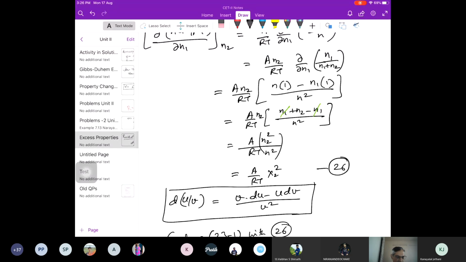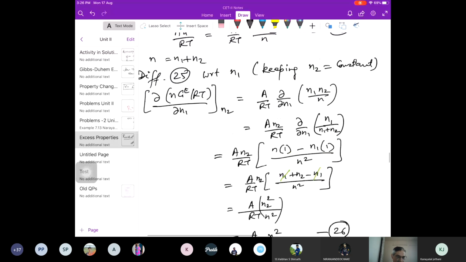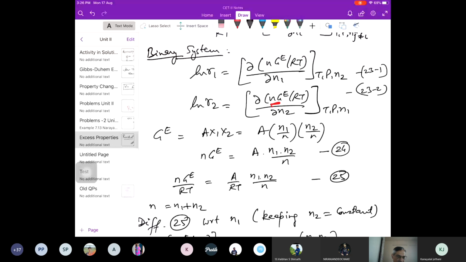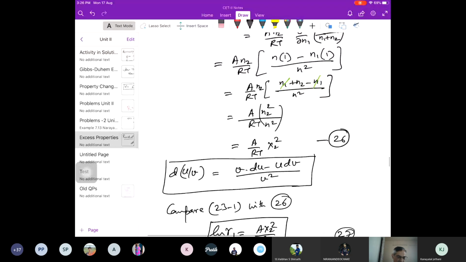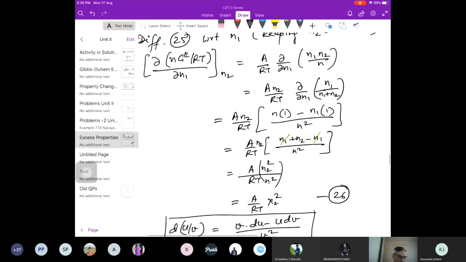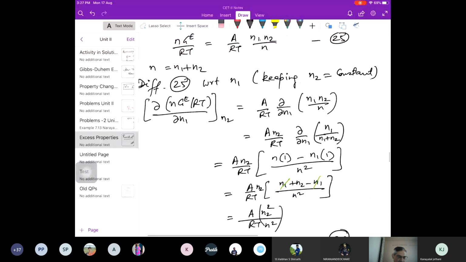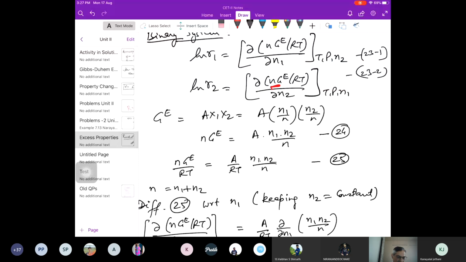That is the partial derivative of nG^E by RT. So if you compare equation 23(1) with 26, the right hand side of equation 23-1 and this left hand side are the same.